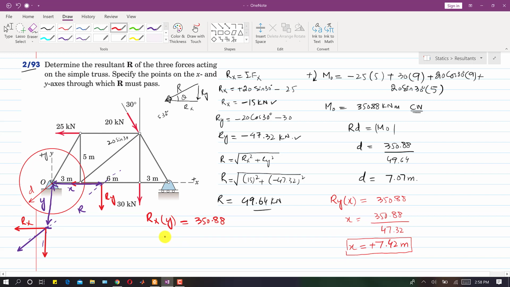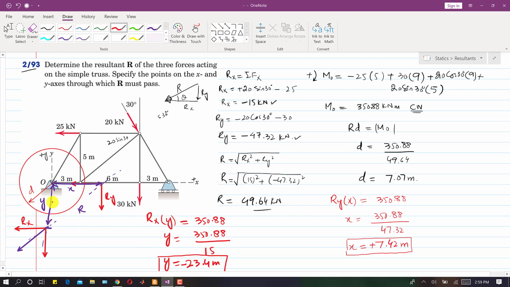So y will be equal to 350.88 divided by Rx, and Rx is 15, right? So this will give us 23.4 meters. Now, according to our placement, this point is in the negative y direction, so we will put a minus sign here, right? So this is the y-intercept of that resultant force.